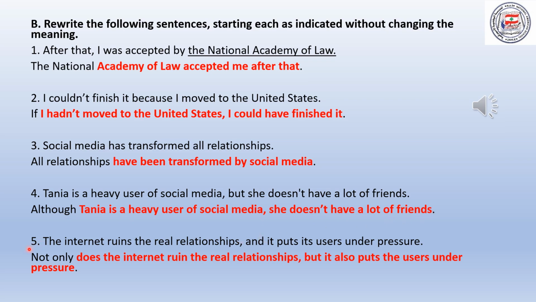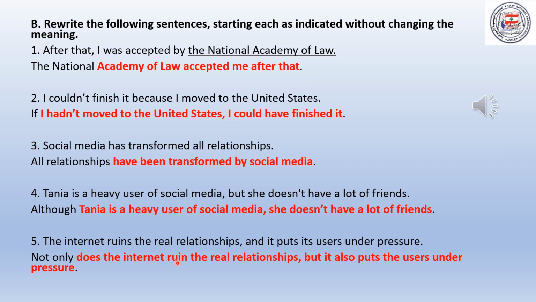Sentence number 5. The internet ruins the real relationships and it puts its users under pressure. The new sentence begins with not only. Remember that when you have not only, you should have but also, because these are correlative conjunctions. And the thing about not only is that it should be followed by an auxiliary, subject, and the main verb.